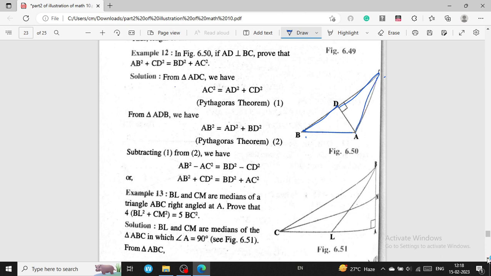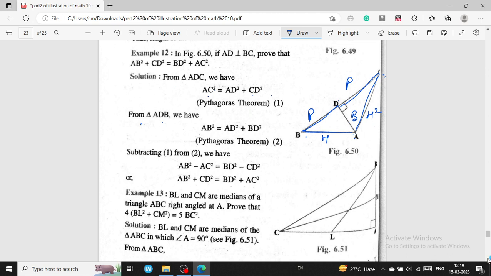From triangle ADC, AC is the hypotenuse, with perpendicular and base. So according to Pythagoras theorem, AC square is equal to AD square plus CD square. And from triangle ADB, in this we take AB as hypotenuse, and this is a perpendicular, and this is a base. So AB square is equal to AD square plus BD square according to Pythagoras theorem.